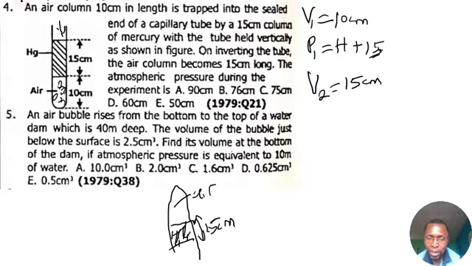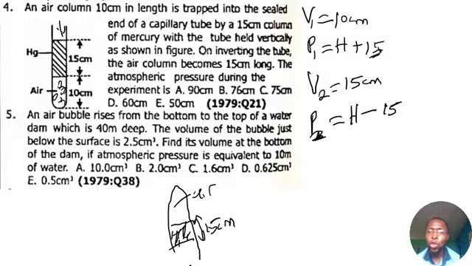Whenever the capillary tube is inverted this way, the pressure exerted on the air, that is our P2 now, will be atmospheric pressure minus the pressure of the mercury. The mercury is not exerting pressure anymore because it's as if the mercury is about to fall out from the open end. So we are subtracting the mercury pressure from the atmospheric pressure.